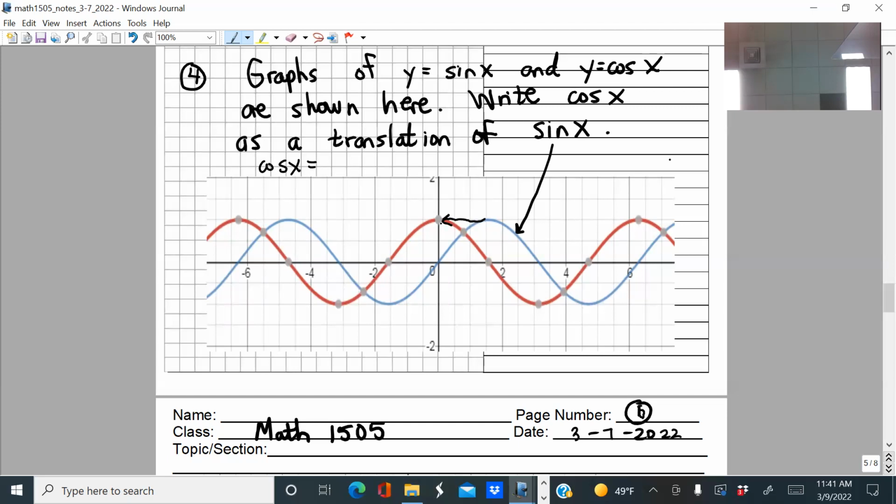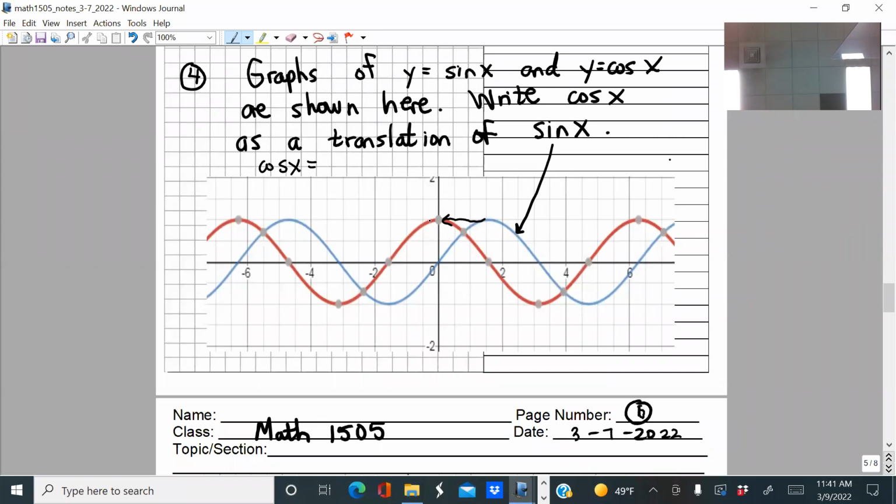If you move this point back to this one, then the blue curve would just overlap the red curve, correct? You could have also thought of moving in the other direction as well, and that would also work, but let's think of taking the blue curve and shifting it back. So that's a shift to the left.